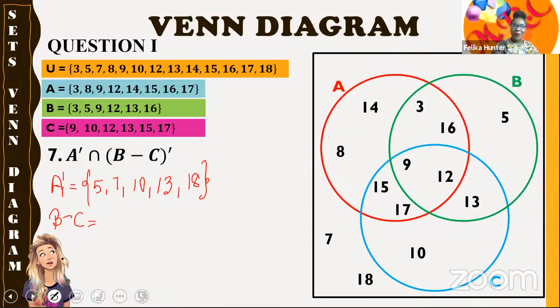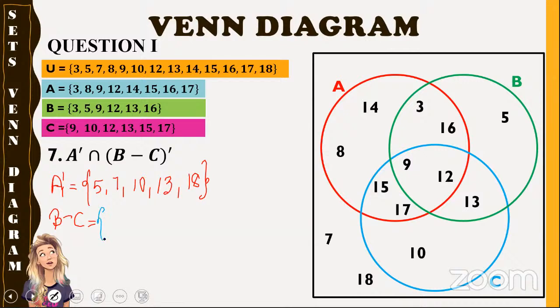Take away everything in C from B. We would be left with 3, 5, and 16 because 12 is in B and C, 9 is in B and C, but 10 is not in B, so you can't take away the 10.